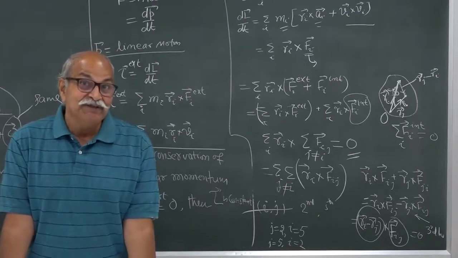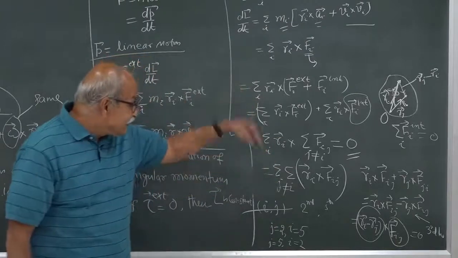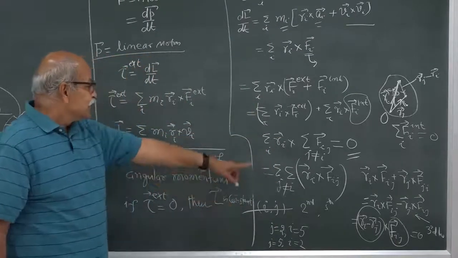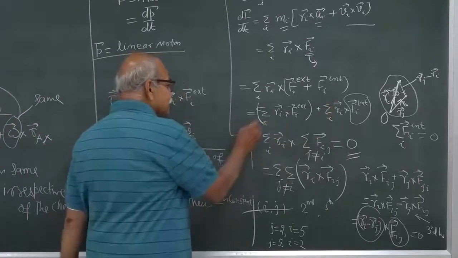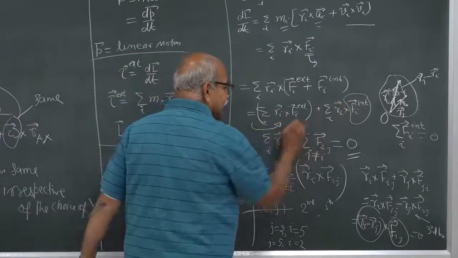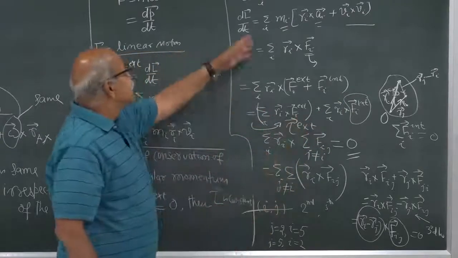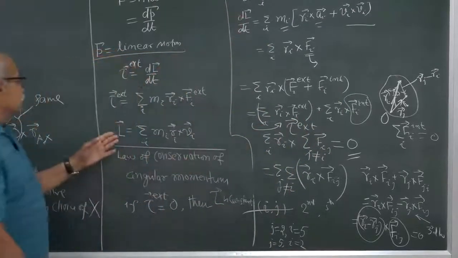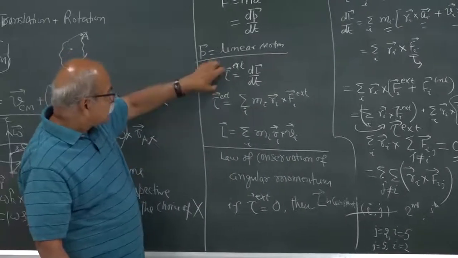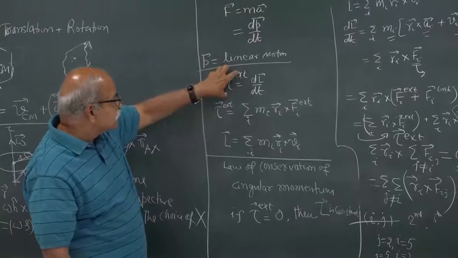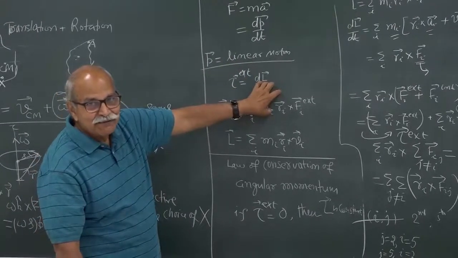So this form of Newton's third law is needed for this being 0. If this is 0, then it is fine. This whole thing is now the external torque, and then you get dL/dt is equal to torque external. If the total torque by the external forces applied on the rigid body is 0, then the angular momentum is conserved.